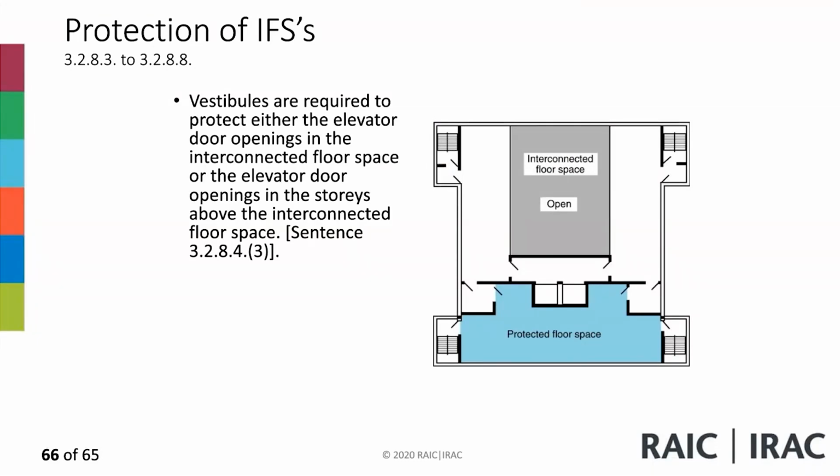If an elevator hallway opens into interconnected floor space and into the floor stories above, so you might have an elevator serving only the interconnected floor space, you don't need to worry about that. But if that elevator goes to the story above the interconnected floor space, either the doors of the elevator in the interconnected floor space need to have vestibules, or the other approach is to provide the vestibules in the stories above.